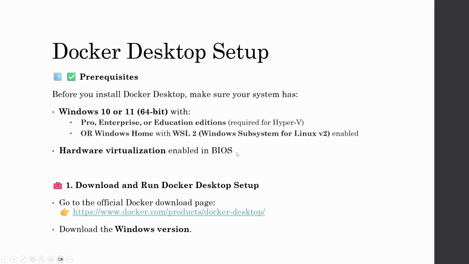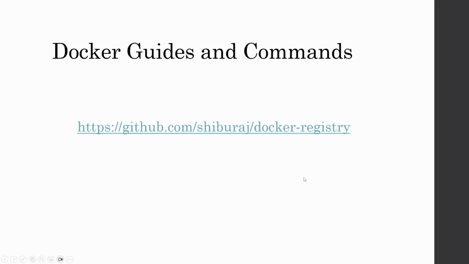Okay, so based on what type of BIOS you have, it may be called differently. So if it is Linux, it may be called something like VT-x or Intel hardware virtualization. So just look for something related to virtualization and enable it. Once it is enabled, then you can download this Docker Desktop and run the setup, and it will do the rest for you.